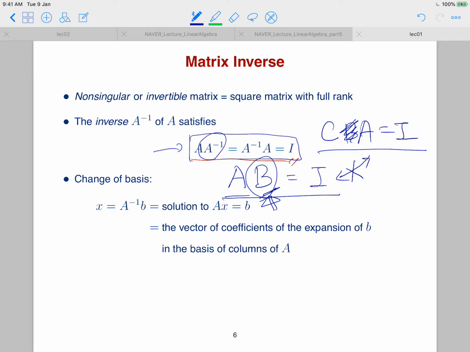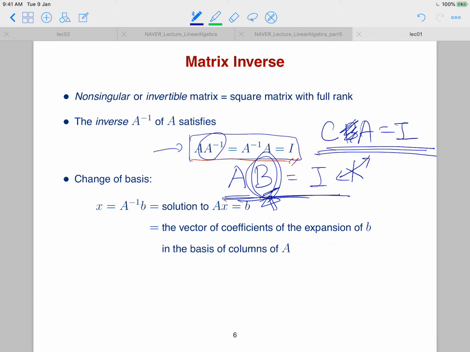So in some rectangular matrices, you cannot find any matrix that satisfies this equation or this equation.